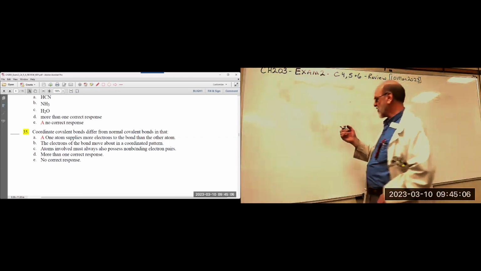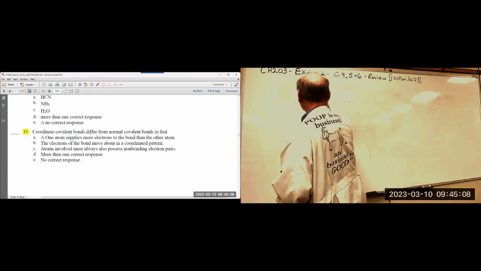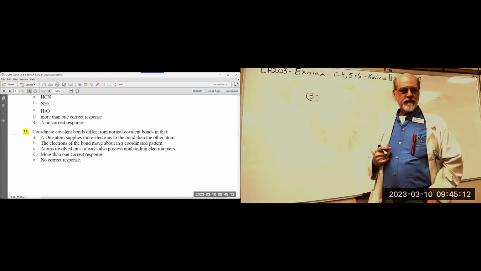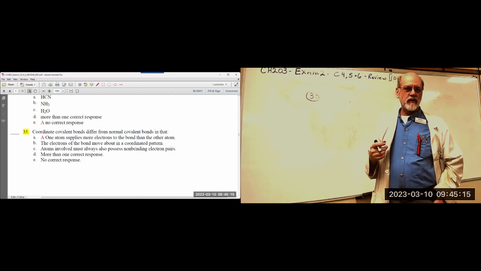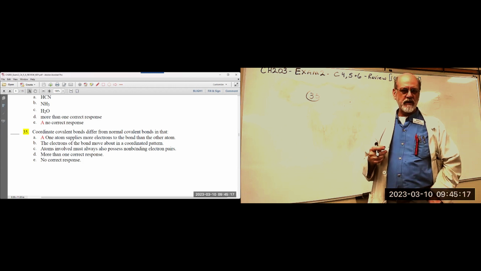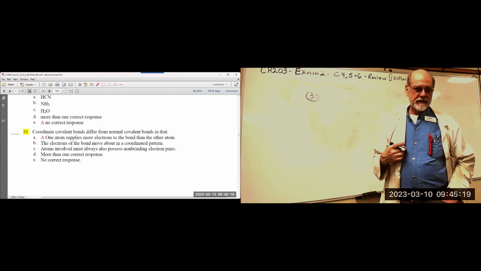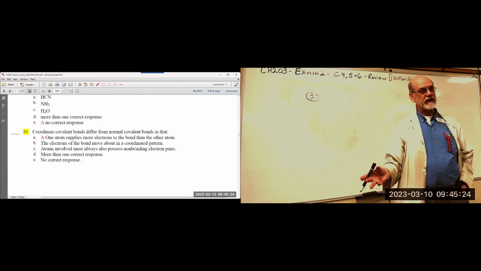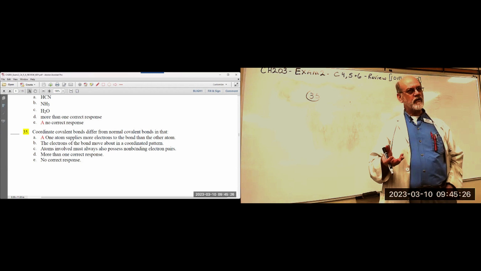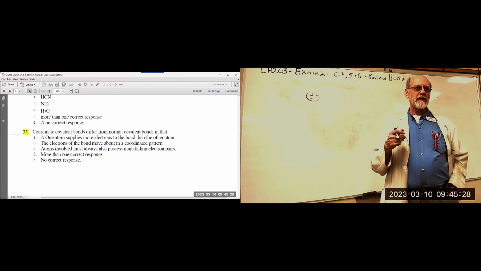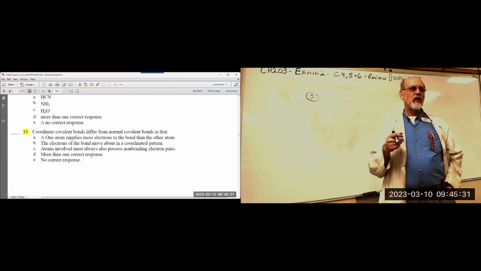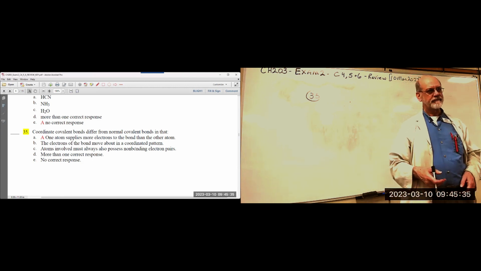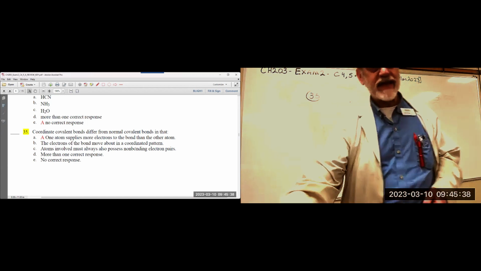Okay. Another coordinate covalent bond question. These bonds differ from normal covalent bonds in that what? One atom supplies more electrons to the bond than the other atom. The ones we studied, one atom supplies all the electrons for the bond. But there are coordinate covalent compounds where both partners provide electrons unevenly. So A is the answer to 35.